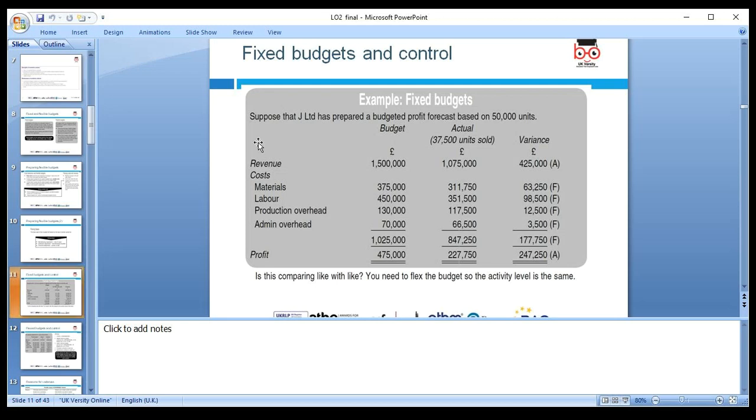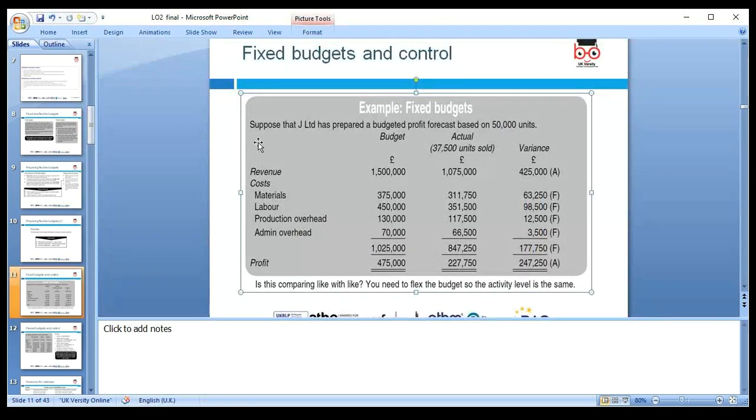But actual production is 37,500 units, so our variance comes adverse here. And if we look at the 50,000 units, it now comes favorable. Actual expense is less because actual activity is less. But that's not a good comparison.